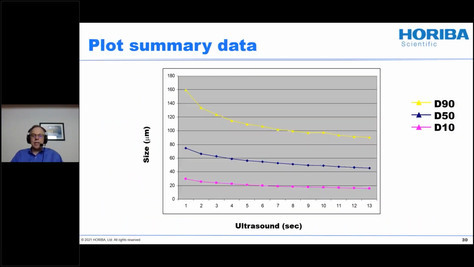You're going to plot your summary data, and here you can see how my D90 drops off fairly quickly and then starts to flatten out. I'd probably pick an intermediate spot for making my measurements, and as you'll see later, I'll probably look at the repeatability or reproducibility of the results to pick my final ultrasound ranges.